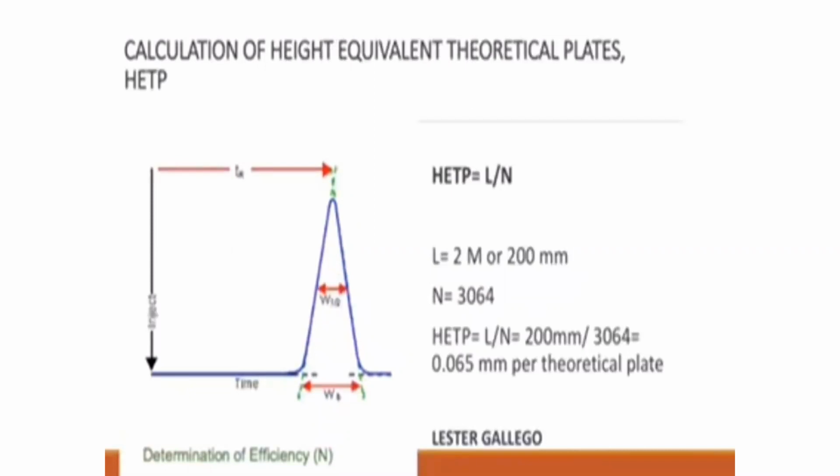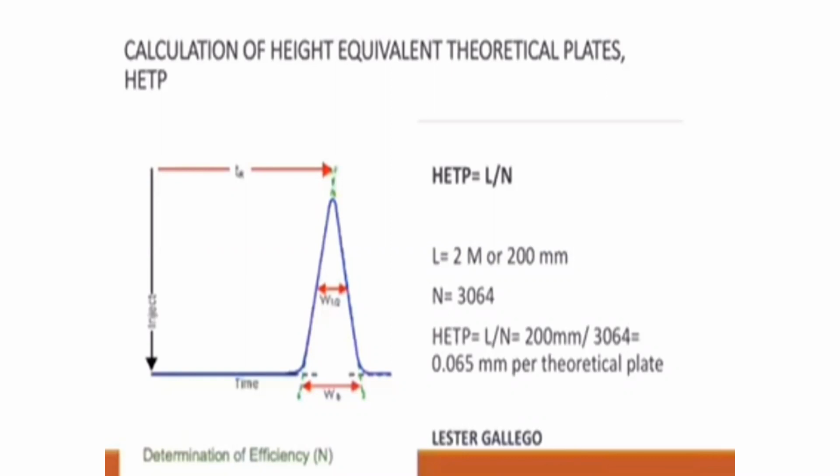Another way to express column efficiency is by calculating HETP, the height equivalent to a theoretical plate, which is equal to L by N. That is, HETP is equal to L by N, where L is the length of the column.